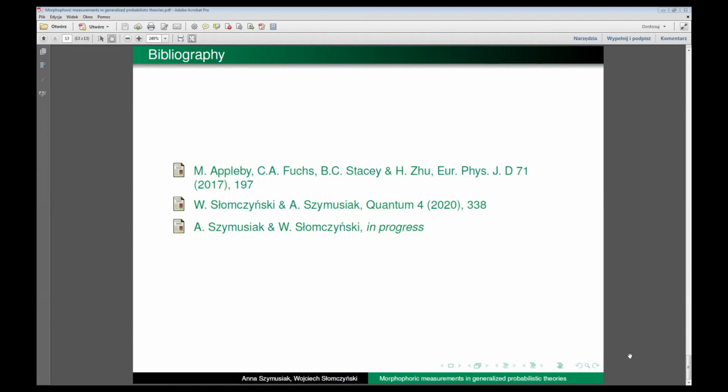If you have a quantum theory, then it is not visible because this parameter is just the dimension of the complex space. If you have a classical theory, again, it's a natural dimension, the number of vertices of the simplex. So it is not visible.